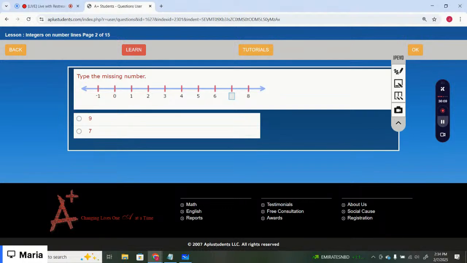So which number is missing? That is 7. Option number 2 is the correct option.